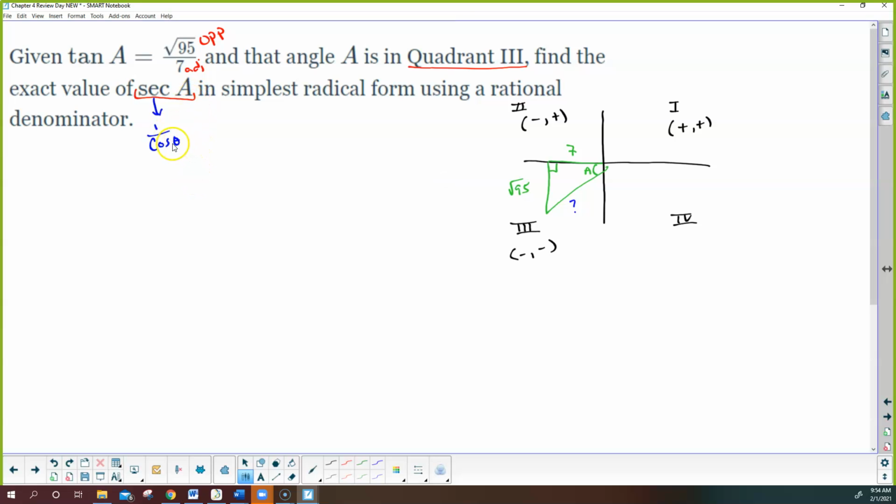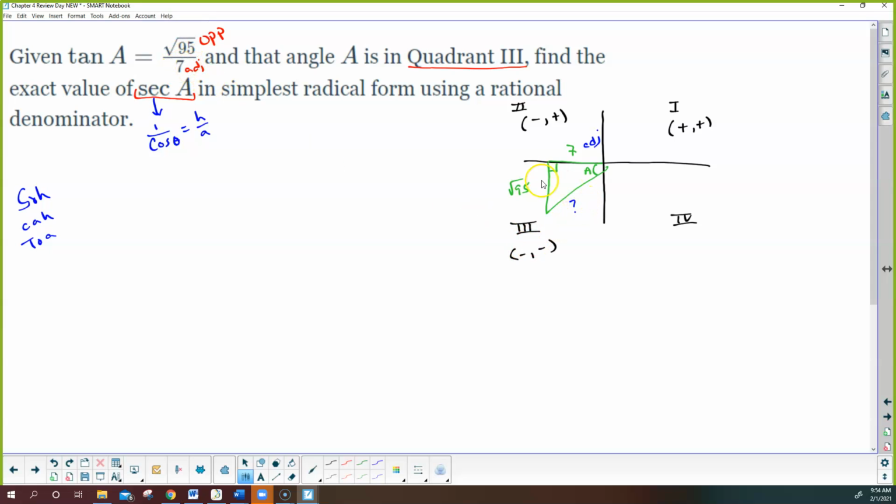Well, if cosine is the CAH in SOHCAHTOA, if cosine is adjacent over hypotenuse, that means that secant is hypotenuse over adjacent. And notice, I have the adjacent, right? I found the adjacent because of the tangent ratio. That's 7.